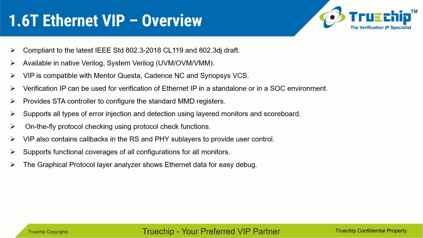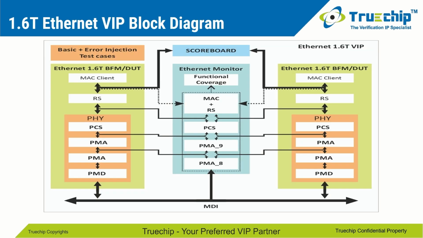It can be used in both standalone and SoC verification environments. The VIP supports all types of error injections with its monitors and scoreboards, and it also supports on-the-fly protocol checking. VIP also provides a graphical protocol layer analyzer for easy debugging, which is an additional benefit.